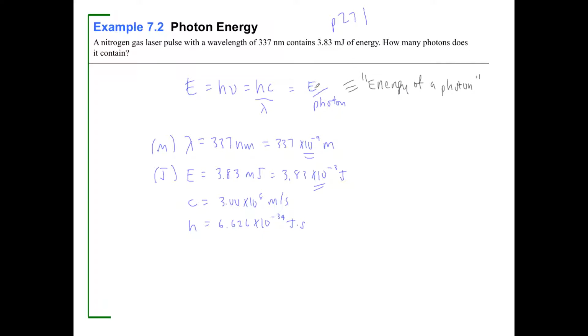The energy of a photon is the energy per photon. And I need that because I see the question is how many photons. So what I'm going to do is come down here and set up a solution. I always start with my answer, right? How many photons? Aha, there's my number. All I got to do is fill that in and I'm done.